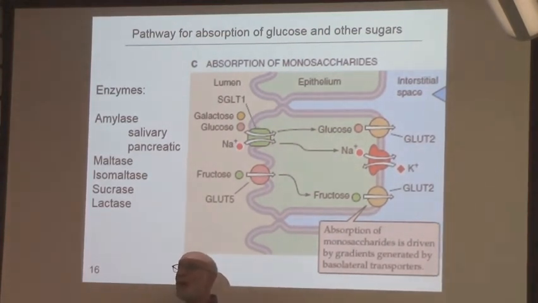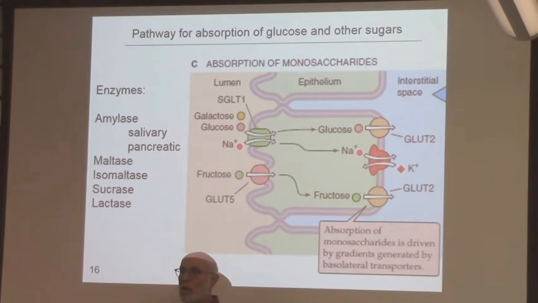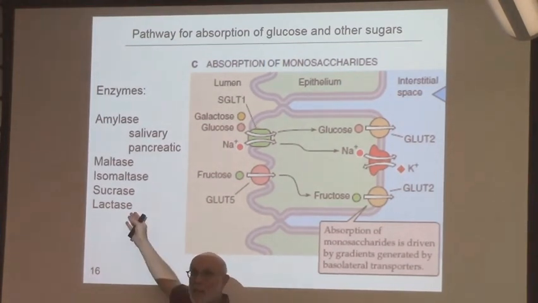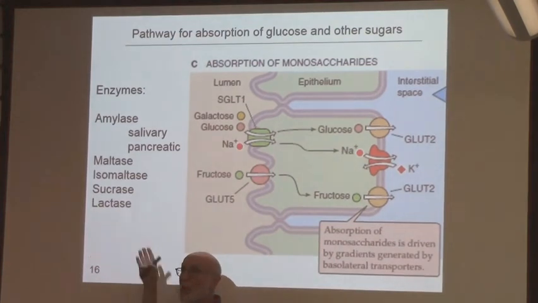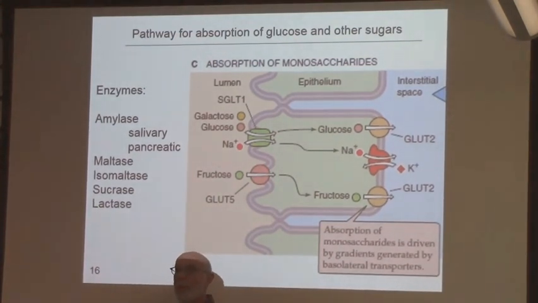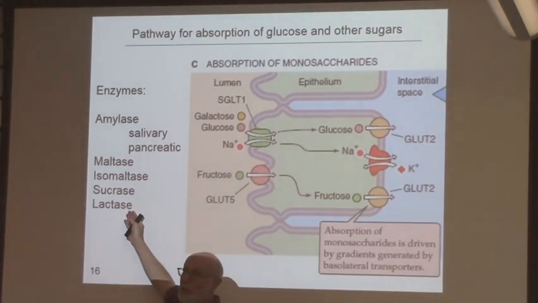But the development of agriculture, the development of cows as a source of milk, gave a competitive advantage to human beings who could continue to produce lactase and continue to digest milk sugar. So in the population now, many humans continue to produce lactase in adulthood, and some don't.